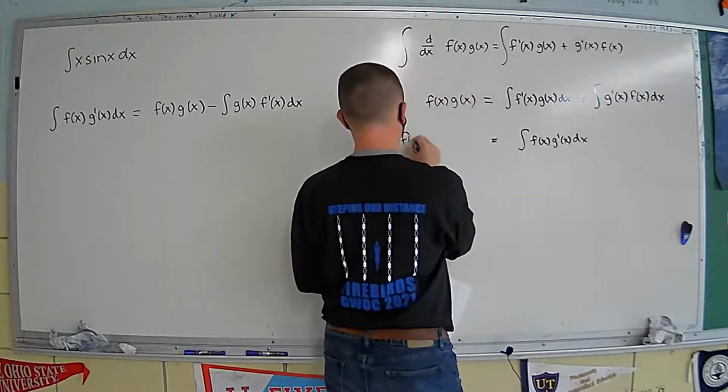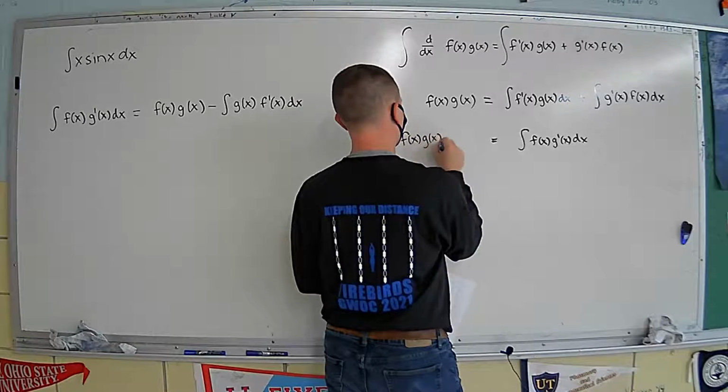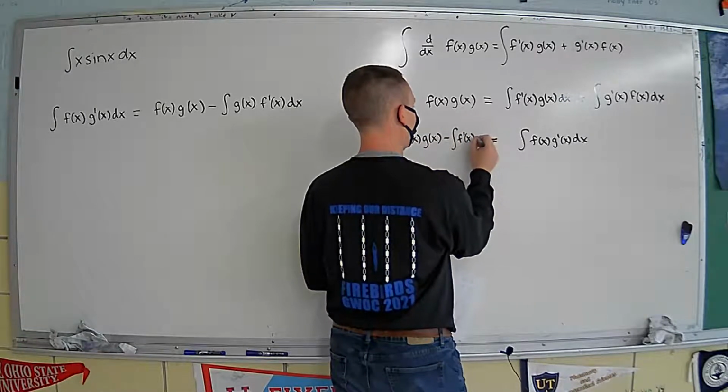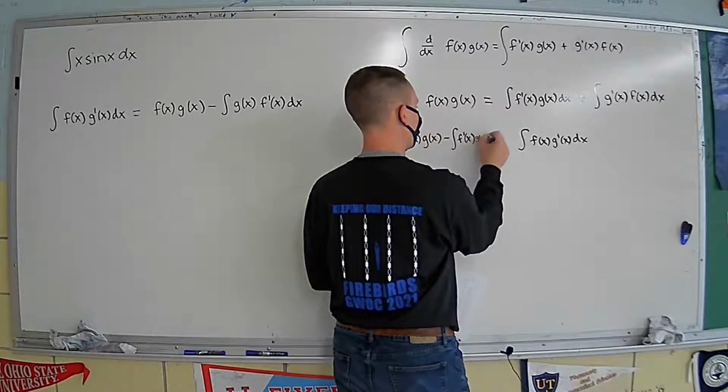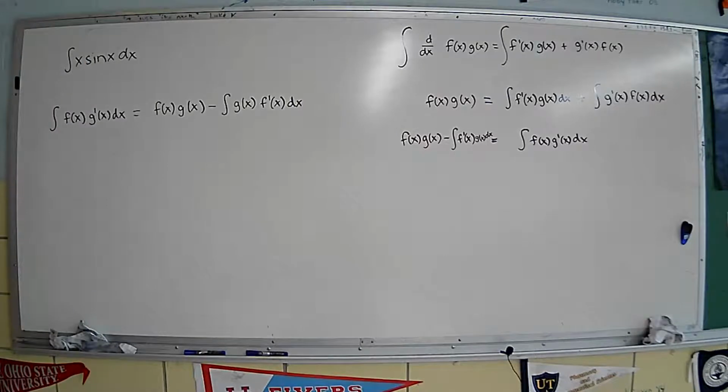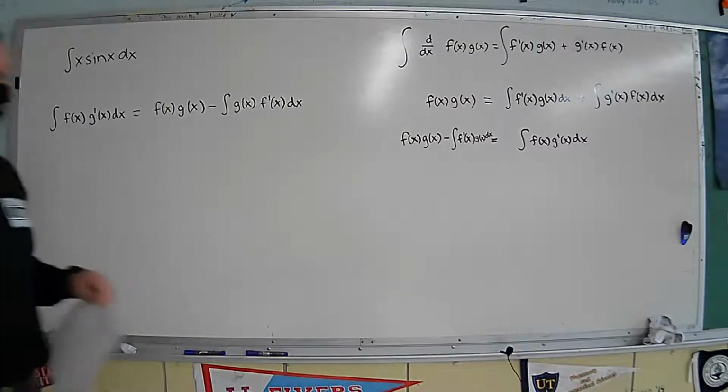So it'll be f of x, g of x, minus. Oh no, I'm going to run out of room. So that's where this equation comes from.